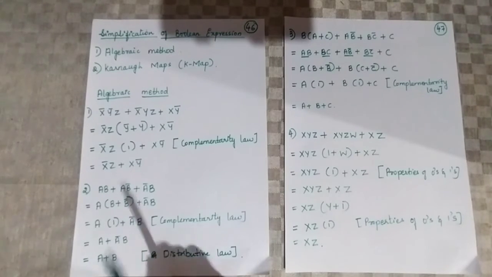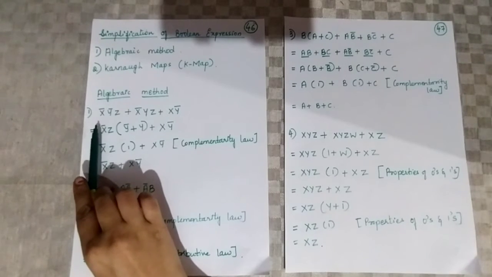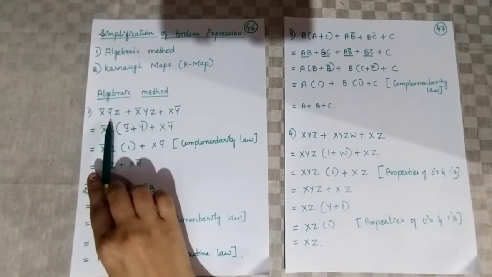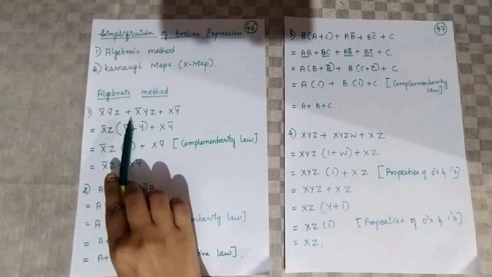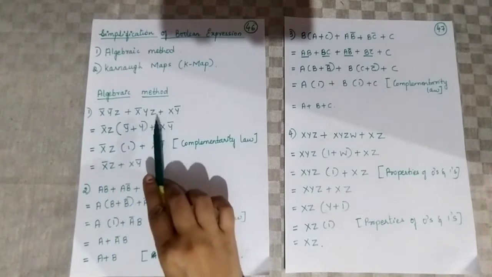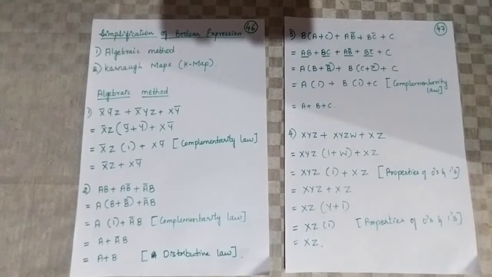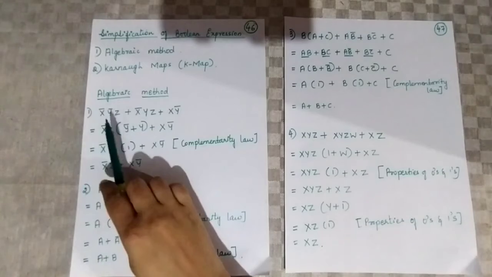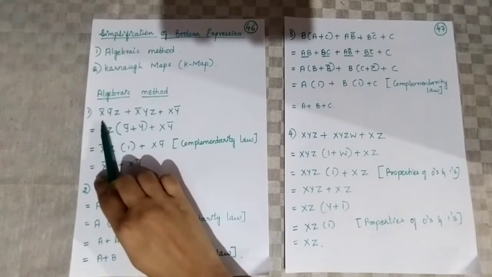So I have taken the first example here. As you see, you have the expression X complement Y complement Z plus X complement YZ plus XY complement. Now let's simplify it. To simplify, first we have to check how many common terms are there in the expression. Let's consider these first two terms.